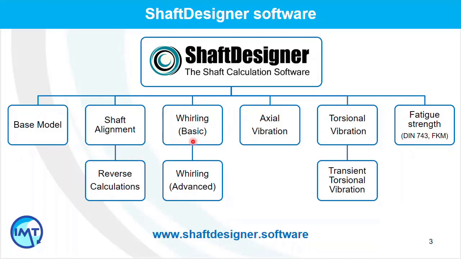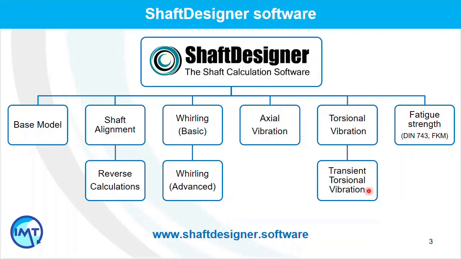Then Whirling vibration, that has two modifications for calculating dynamic bending of shaft. Axial vibration module for calculating vibration in the longitudinal direction, and torsional vibration module for estimating rotational vibration of the whole propulsion system.